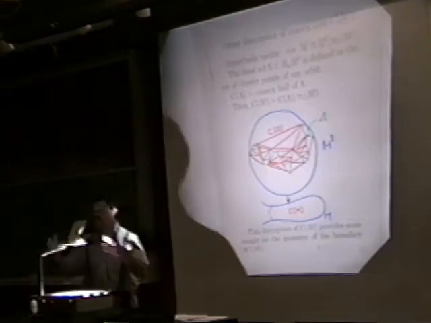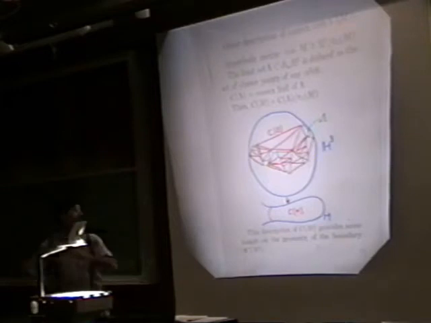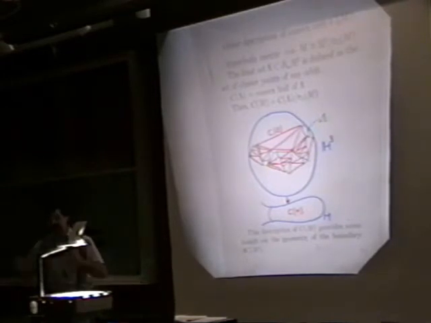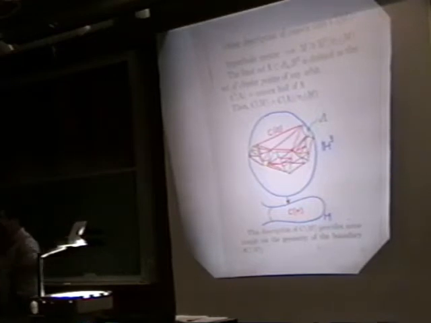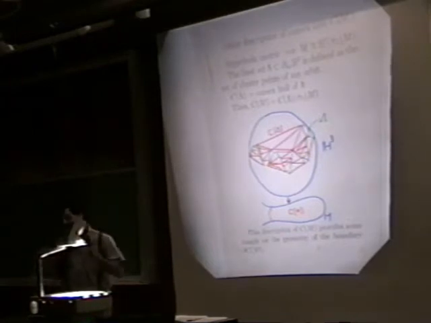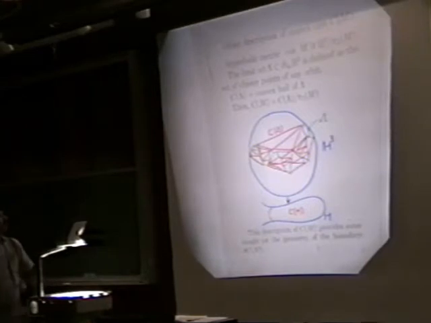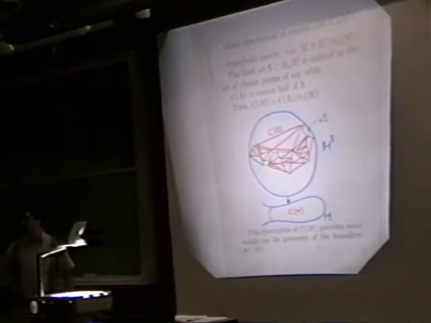Take the ball model for hyperbolic space, and the limit set sits on the boundary sphere, at infinity of the hyperbolic space, and it is the set of cluster points of any orbit. Again, this excludes some degenerate cases, namely essentially when the fundamental group of M is abelian. There are very few of those.